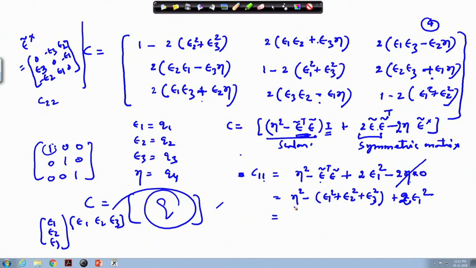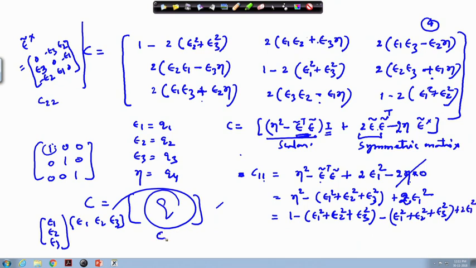And as we know, this eta we can convert in terms of 1 minus epsilon 1 square plus epsilon 2 square plus epsilon 3 square. And here then this particular term, epsilon 1 square plus epsilon 2 square plus epsilon 3 square, and plus 2 epsilon 1 square.